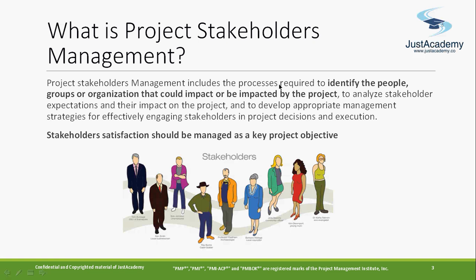Project stakeholder management includes the processes required to identify the people, groups, or organizations that could impact or be impacted by the project, to analyze the stakeholder expectations, understand what their expectations are and how they can impact a project, and create an appropriate management plan for engaging with them throughout the project. So these are the things that we do as part of stakeholder management.